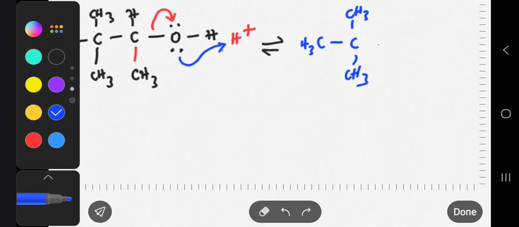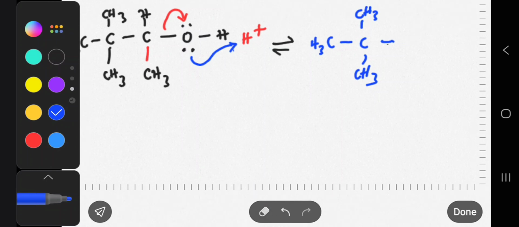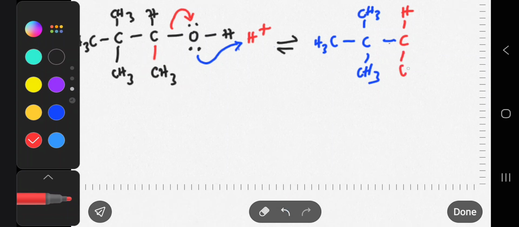I'm going to represent that, so I'm going to put a bond here. Then over here, as the next thing, I'm going to write carbon with hydrogen, right? Remember, it has this, so I have it here, which is CH3.